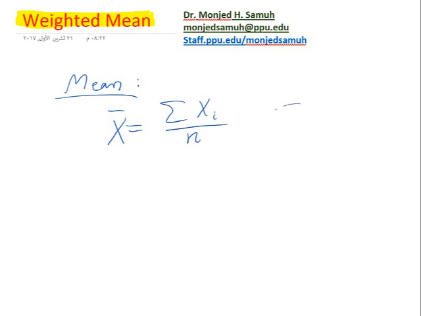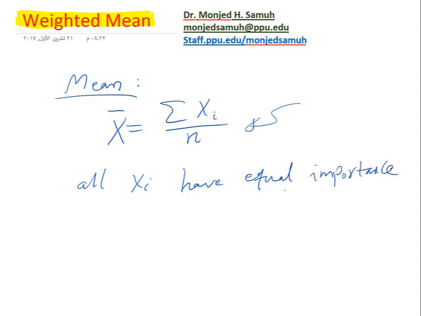This formula for the sample mean assumes that all observations, all xi, have equal importance. However, in some applications, certain observations or certain data points in a dataset may be considered more important than others.